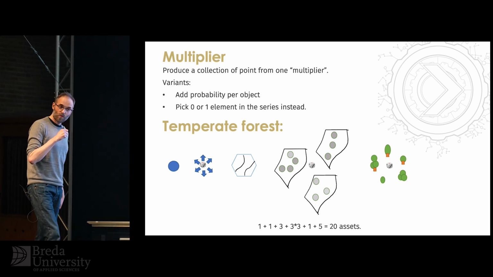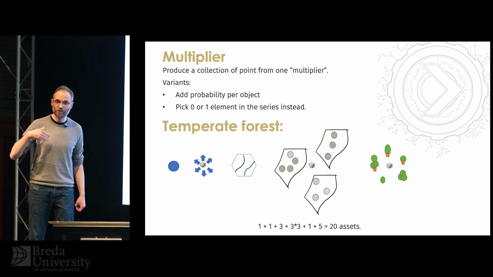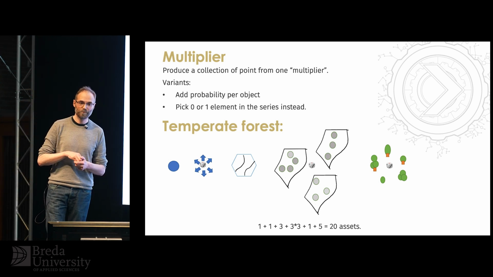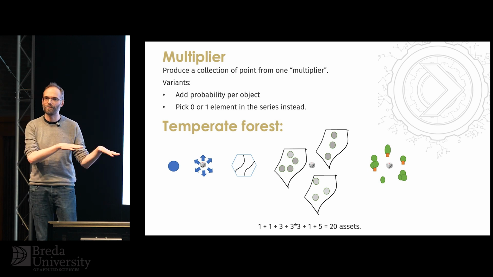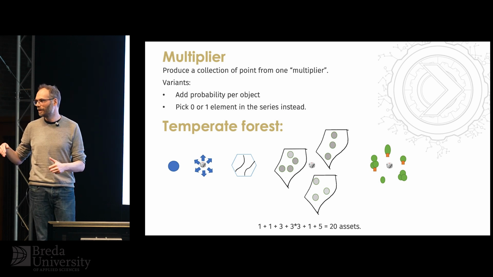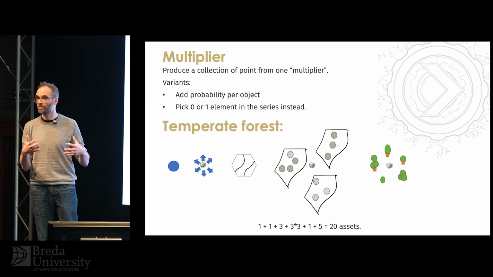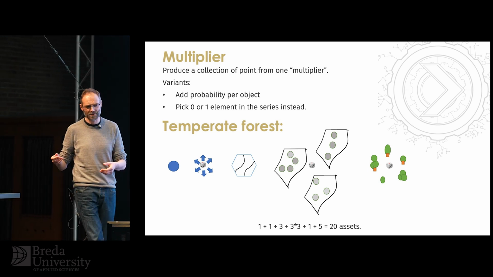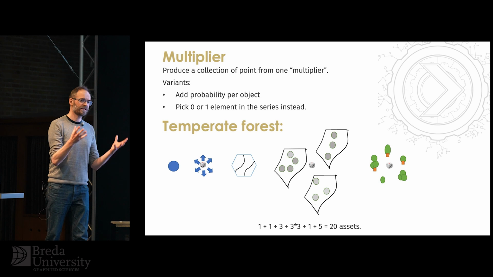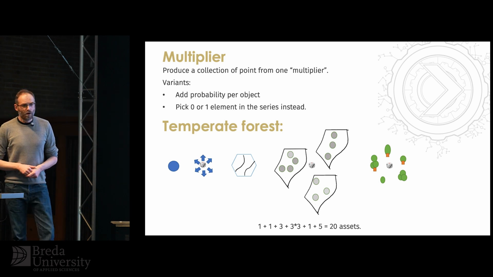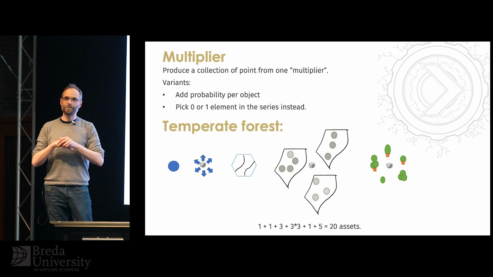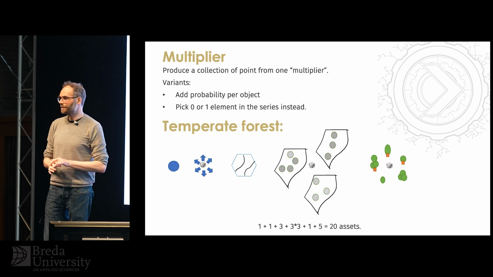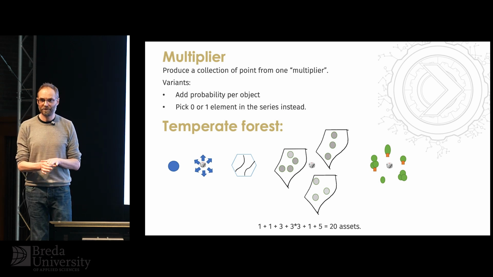You can also choose not to produce all the points, but just pick one element in the collection, or none if the sum of probabilities is below 1. It means that maybe you just want to produce an object or not. So with only this, you can produce a temperate forest. Each tile contains gameplay information.